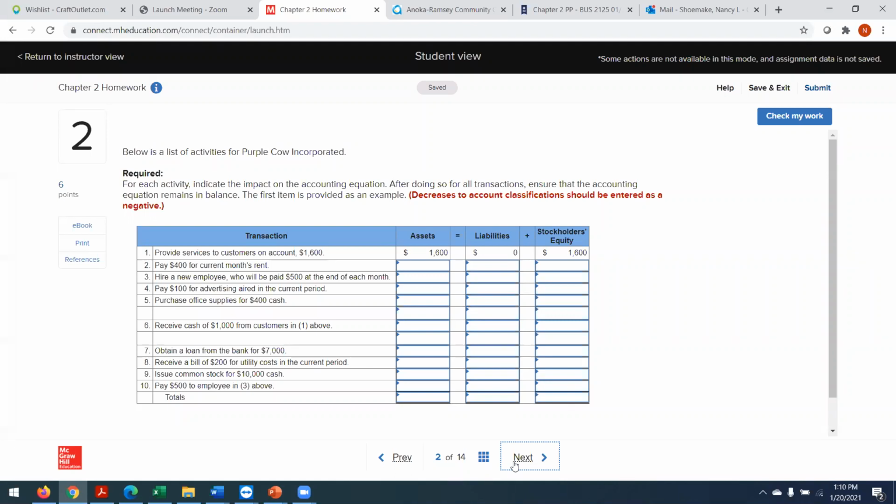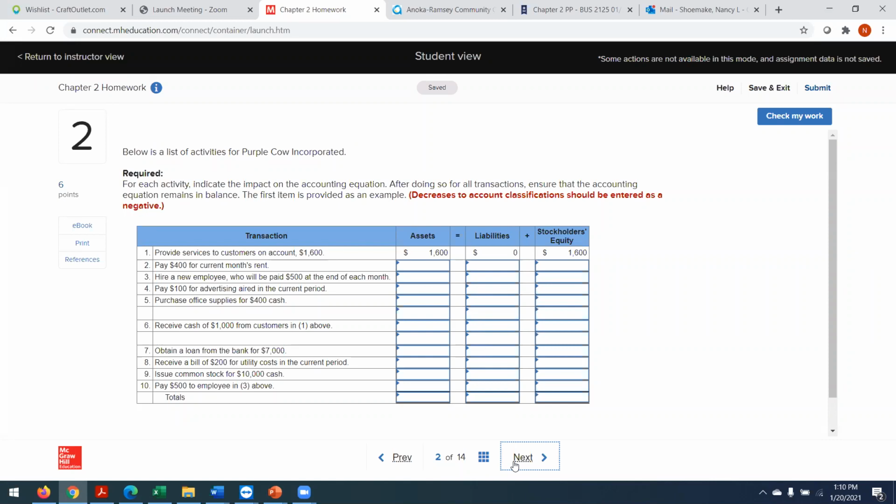So we're hiring a new employee. We're not paying him yet because we're paying him at the end of the month. Does anything happen? No, because we haven't paid him yet.